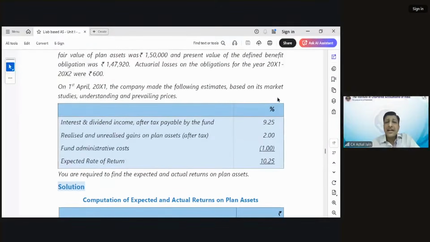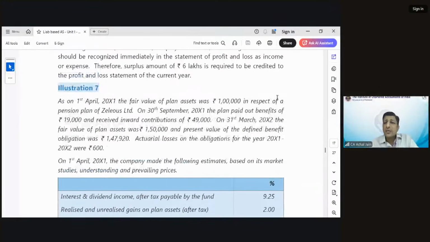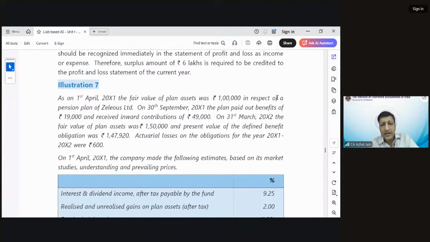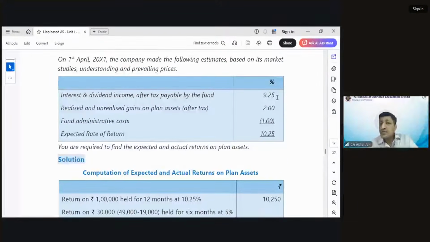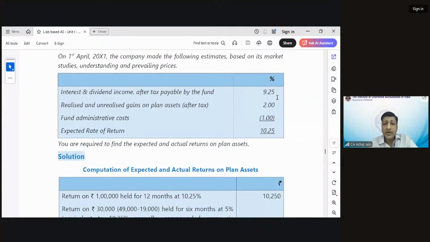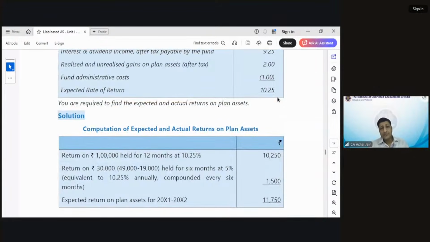This plan asset at the beginning of the year, what was the amount? 1 lakh. Correct. And what is the expected return of the management? It's given 10.25%. So what do you get? 10,250.